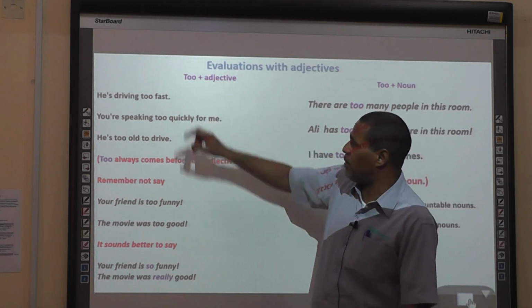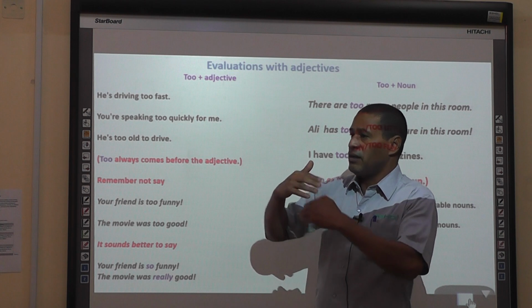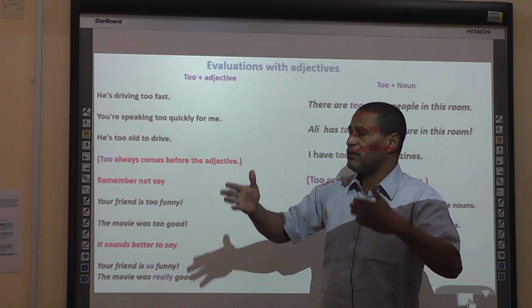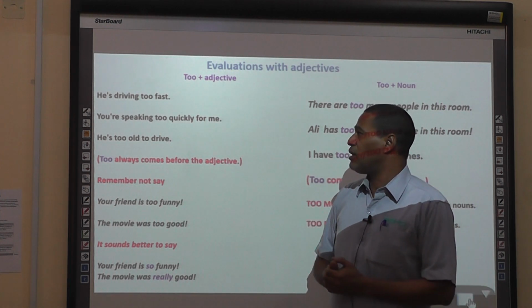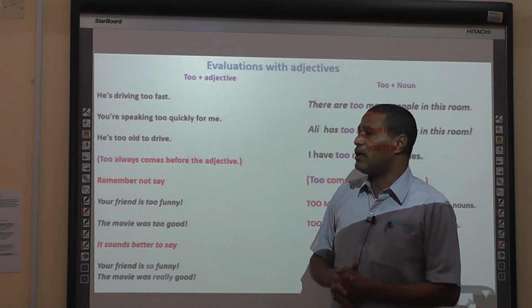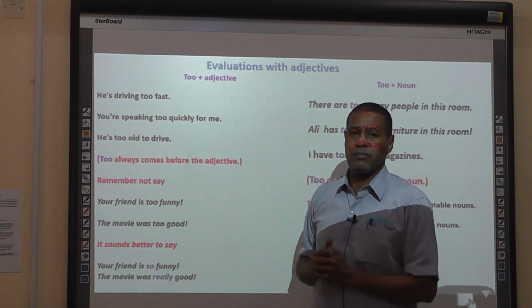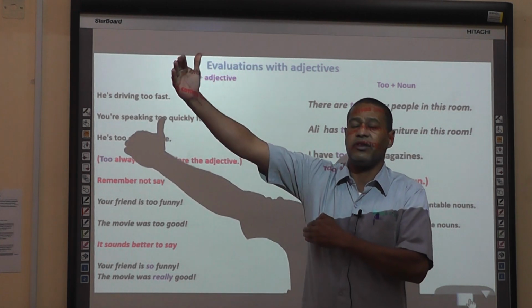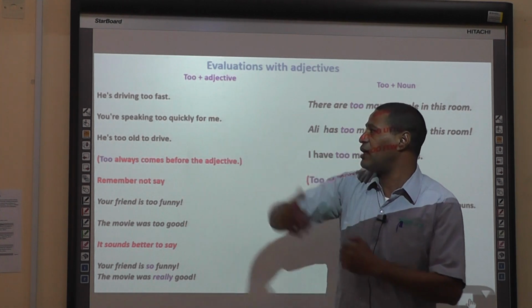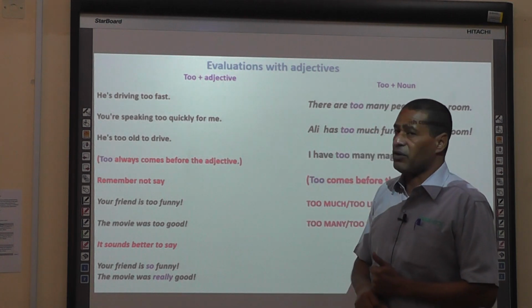In the first example, "He is driving too fast." Maybe the driving limit on this road is 80 miles per hour, but he is driving 100 miles per hour. That means he is driving over the limit. "You are speaking too quickly for me."